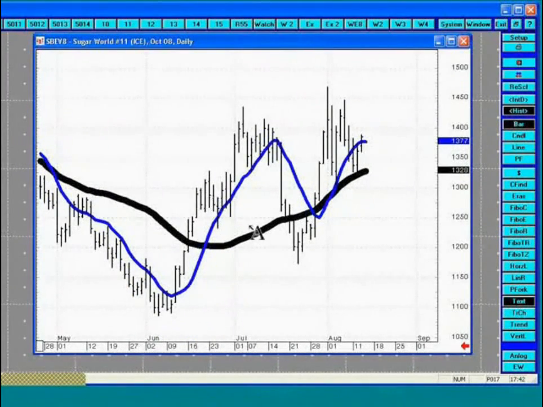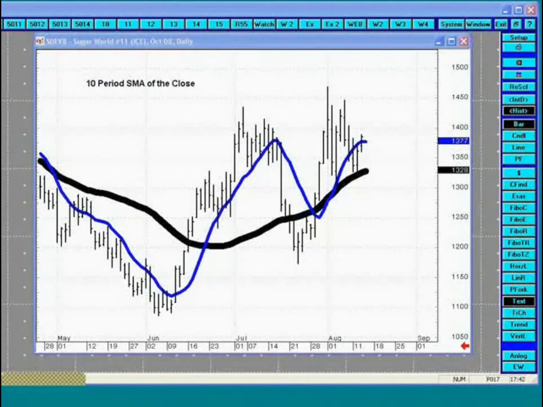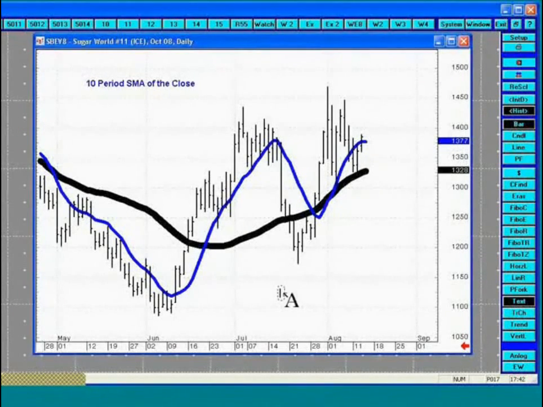So the blue line is a 10-period simple moving average of the close. Okay? The black line, let me make that blue. The black line is a 40-period simple moving average of the close as well.